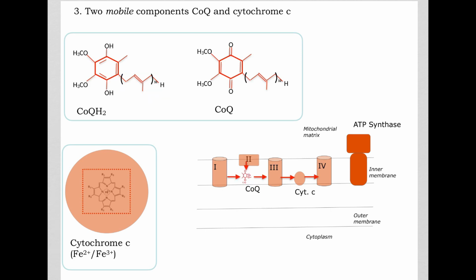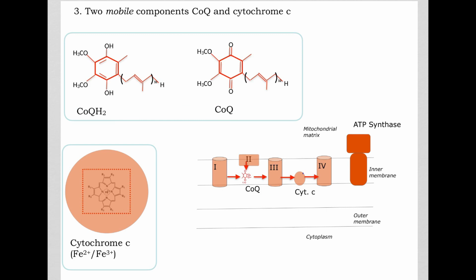When coenzyme Q takes electrons, it becomes coenzyme QH2. When it donates the electrons, it becomes oxidized to coenzyme Q. So coenzyme Q can convert from its oxidized form to its reduced form, or from its reduced form to its oxidized form.